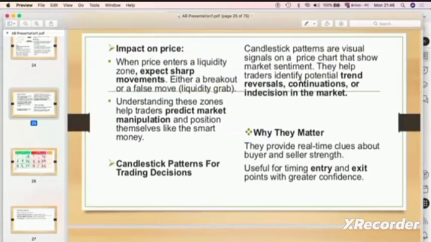Candlestick patterns are visual signals on a price chart that show market sentiment. They help traders identify potential trend, reversal, continuation, and indecision in the market.